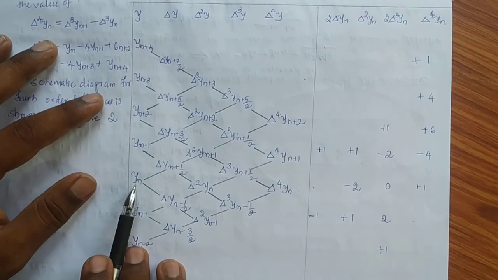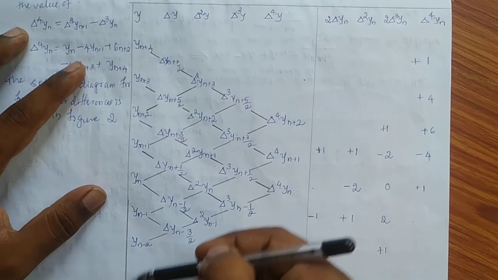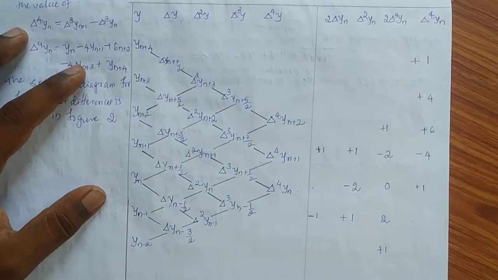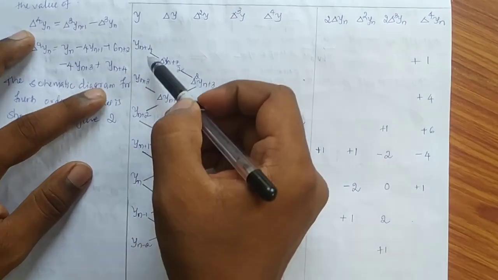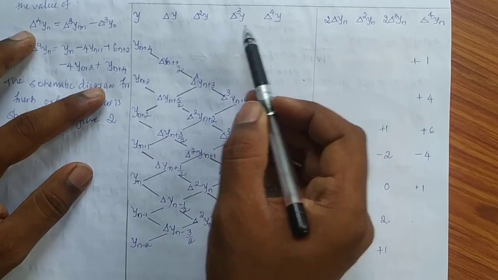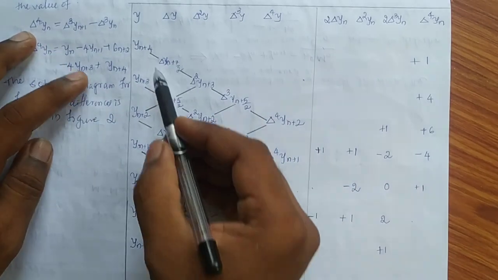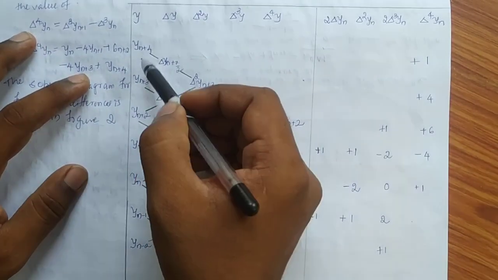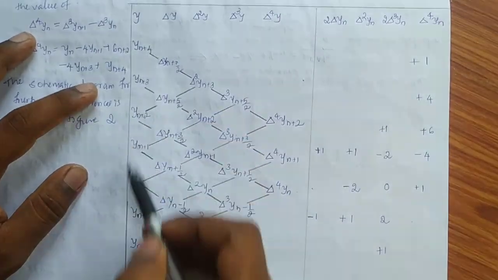But in this central difference method, you'll have to consider lower values as well and higher values as well. So you can start from yn plus 1, yn plus 3, and like that. And so delta y, first order difference, second order difference, third order, fourth order, just like that you can consider. So you can go on increasing the values here, I mean, increase this side, decrease this side. So you have this chart.